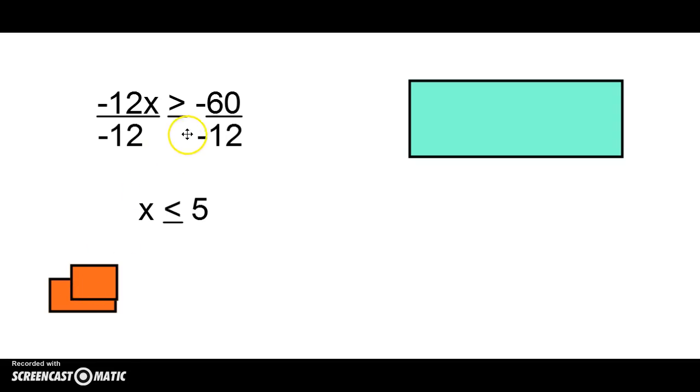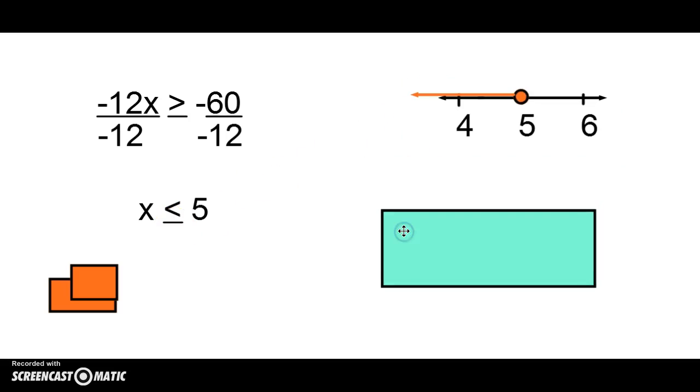And notice here, a negative divided by a negative is a positive, but because the number that we divided both sides by was negative, we had to flip the inequality. And so x is less than or equal to 5. So a closed circle, flip the inequality, negative divided by a negative is a positive.